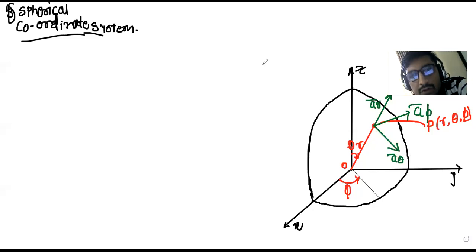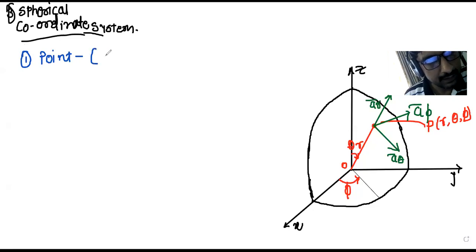Right? So let's understand. Let us write different characteristics involved in this. So characteristics of a spherical coordinate system. The first characteristic, the point. So point is defined with respect to three coordinates. So if I say point P, it will have three coordinates r, theta, phi.